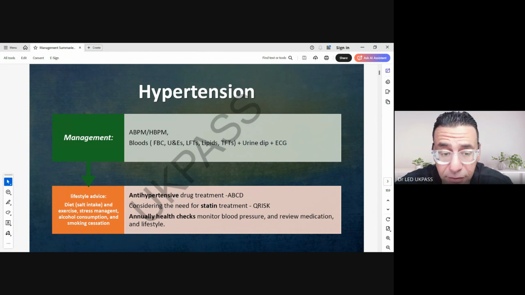Now, hypertension. What is the management of hypertension? Again, a patient coming to you in the clinic, the reading is not always diagnostic. The clinic reading is something that gives you an indication that this patient has suspected hypertension.